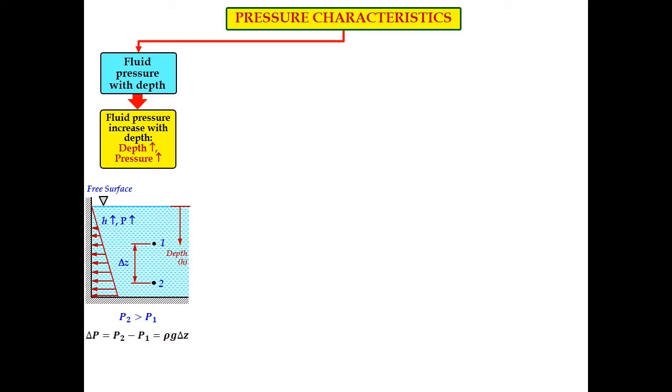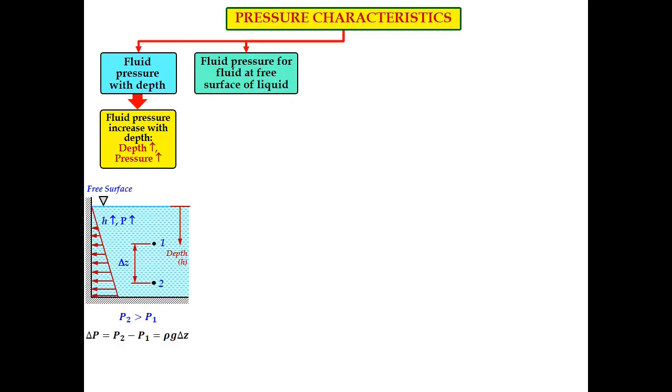Normally the value of g equals 9.81 meters per second squared, multiplied by delta Z. So this is the basic relationship in terms of pressure difference.